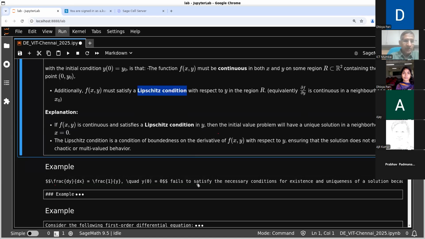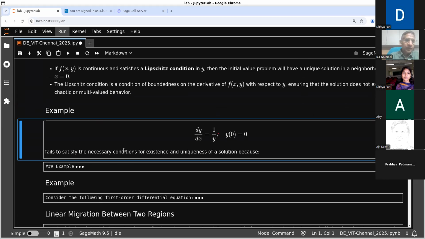Let's look at that. For example, look at this differential equation: dy/dx = 1/y, where y0 is equal to 0. Now 1/y, and y0 is given to be 0.